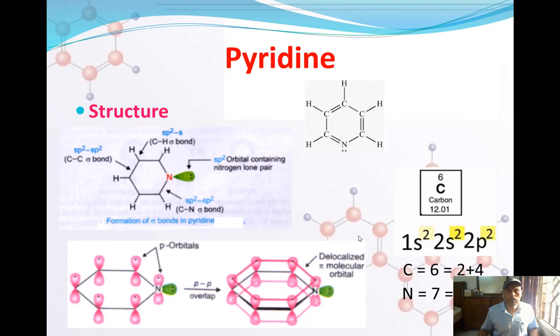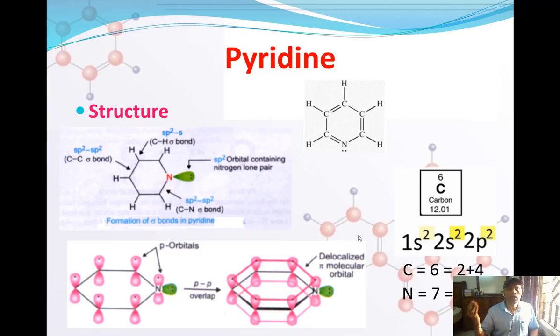As you know, pyridine is a six-membered heterocyclic compound. It has got five carbon and one nitrogen. And all these carbon and nitrogen atoms are sp2 hybridized. Carbon has got atomic number six, meaning six electrons.